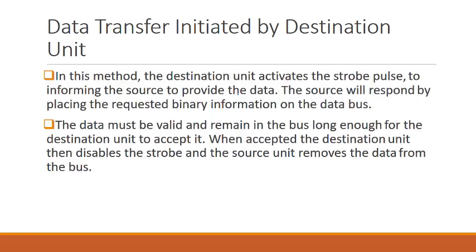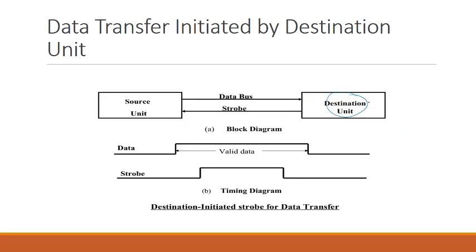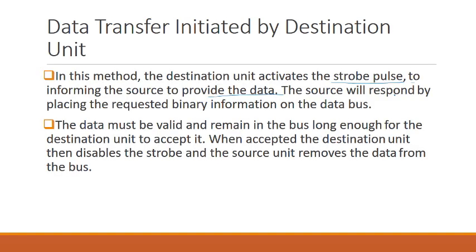So how does it work? In this method, the destination unit activates the strobe pulse to inform the source to provide the data. That means when the destination needs some data, it sends a strobe signal to the source unit. The source will respond by placing the requested binary information on the data bus.